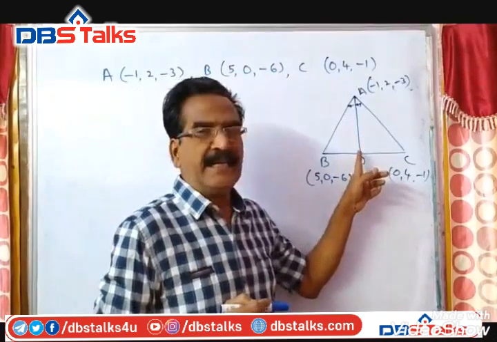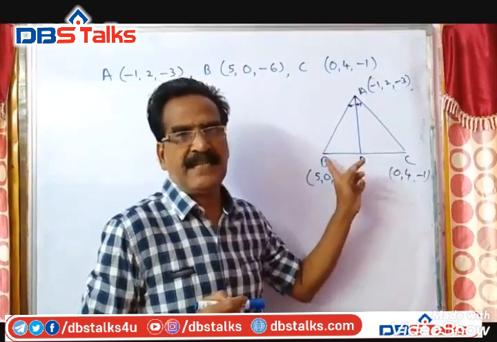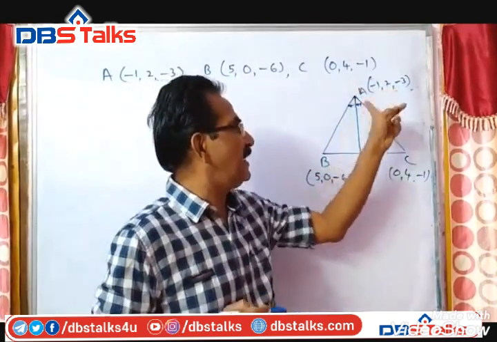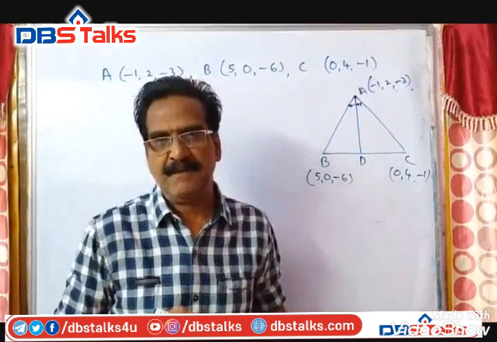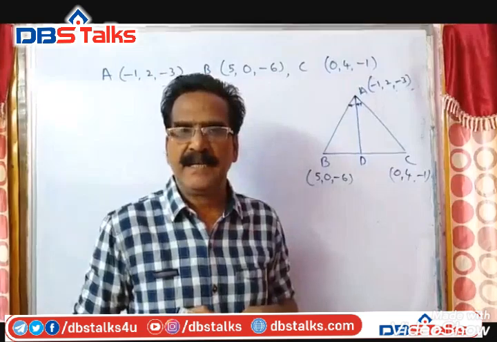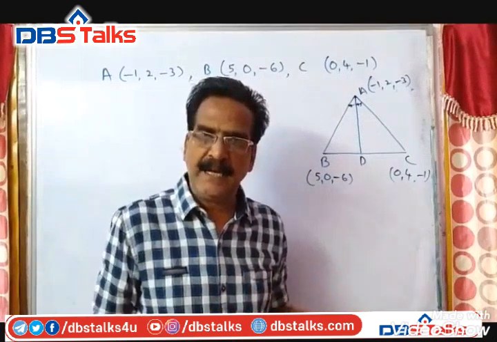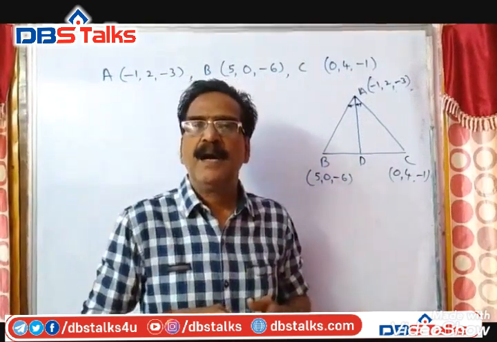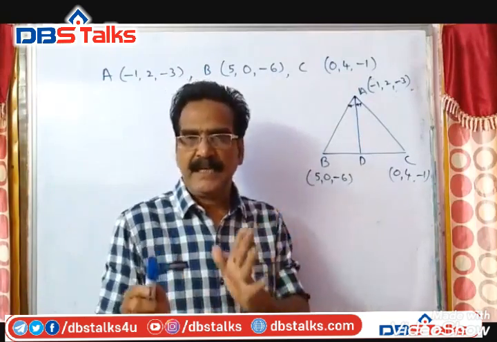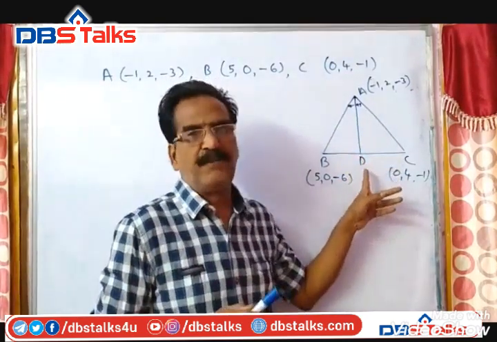So here D divides BC in the ratio of AB and AC. So we can find D. And once we find D, we can find direction ratios of AD and we can find direction cosines of AD. Here the thing is finding the coordinates of D.